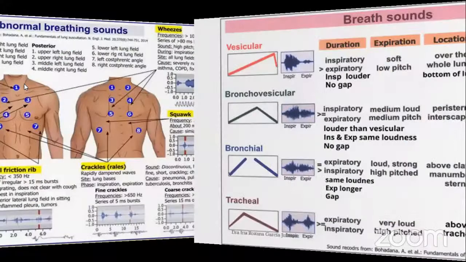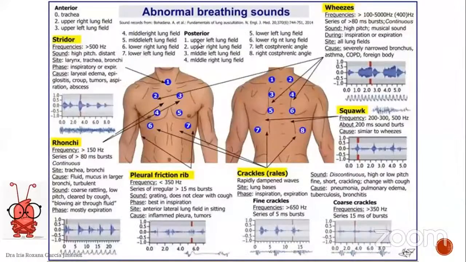Now we have the abnormal breathing sounds. Again, self-study, please check how it is done. I'm not worried about the frequency or the phase or the anatomical or the technical details about the characteristics of the sounds. I want you to check and understand what the highlighted words mean, and you catch your own definition, the way you understand this.